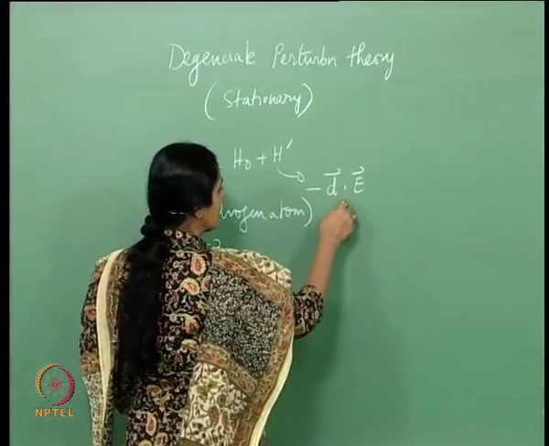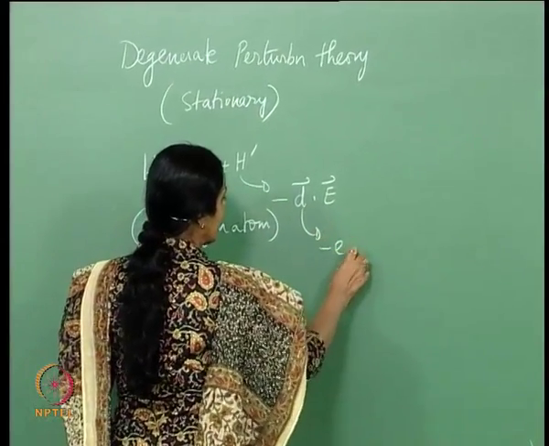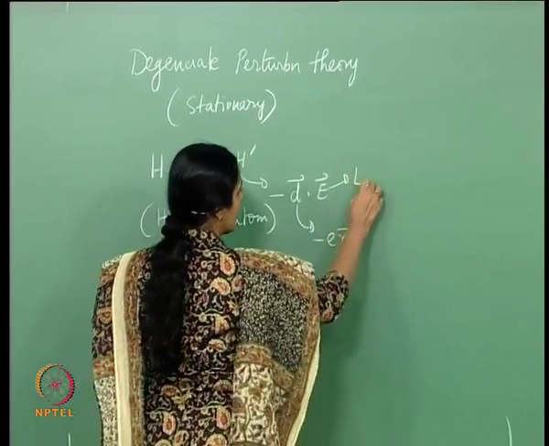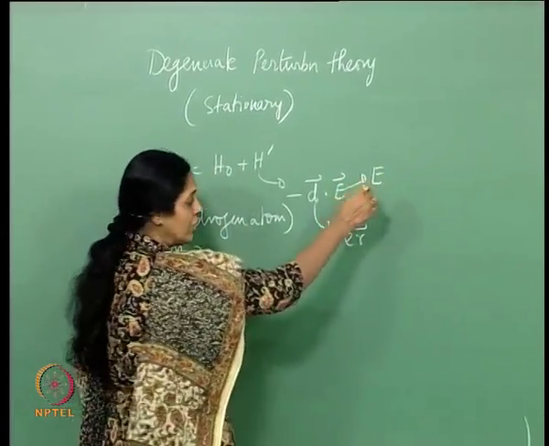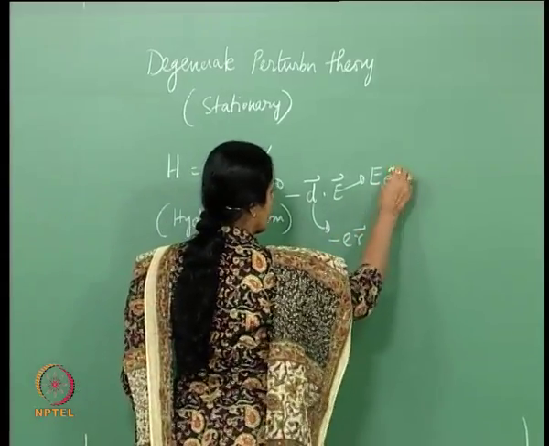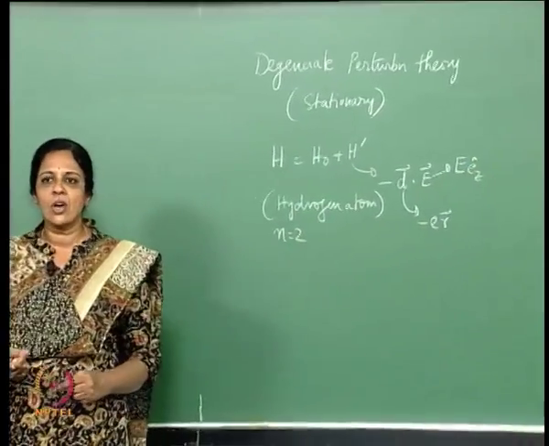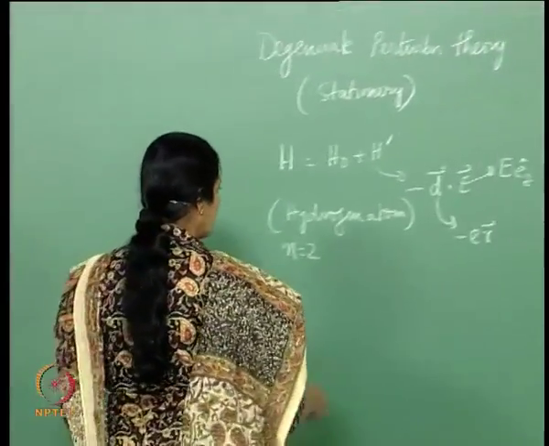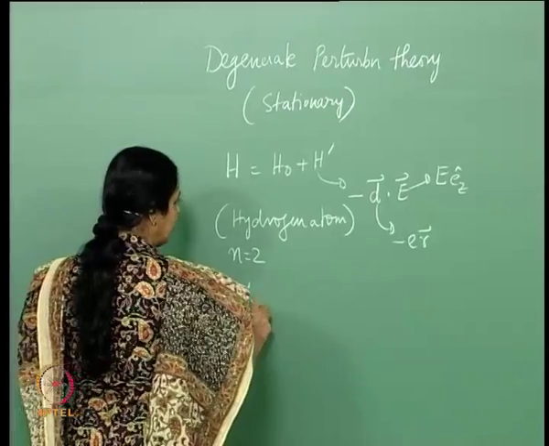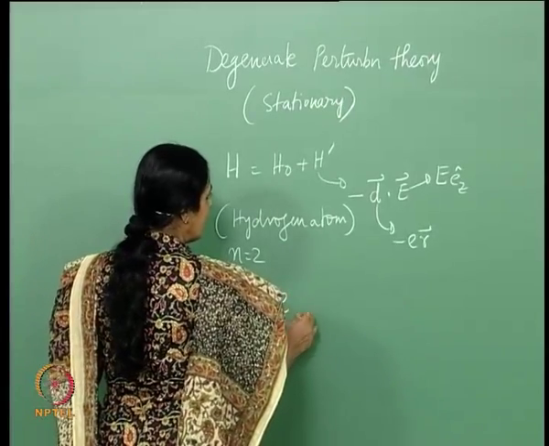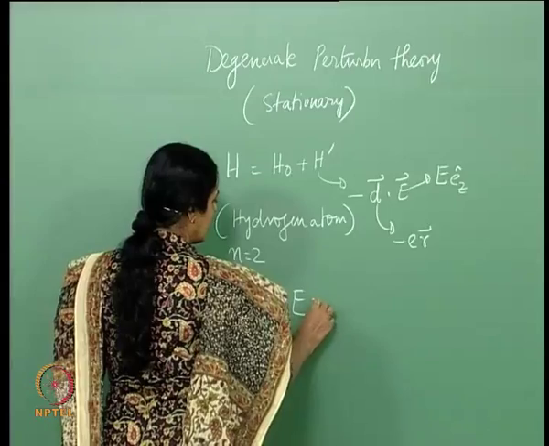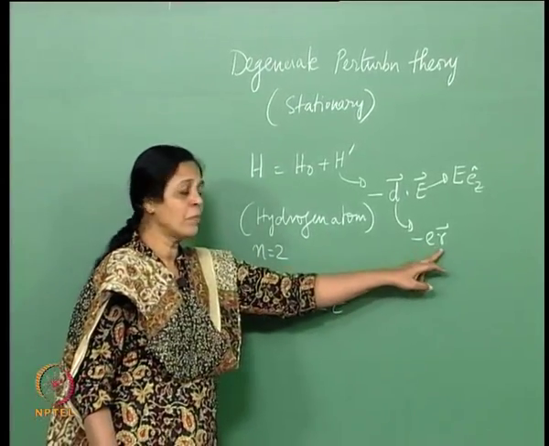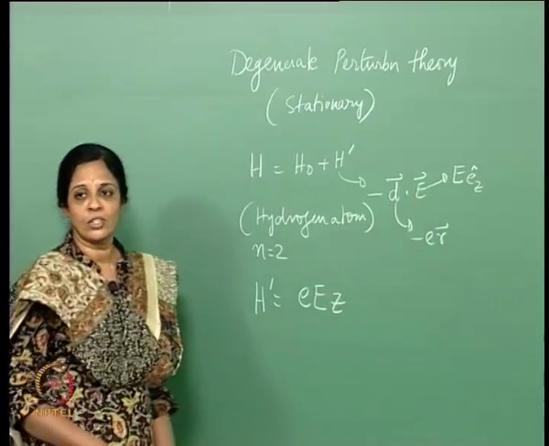The dipole operator itself is minus eR, and this electric field is the modulus of E times Ez, because I have selected a constant electric field along the z-axis, and therefore H prime is simply eEz, because it is only the z component of R that is going to give a contribution here.